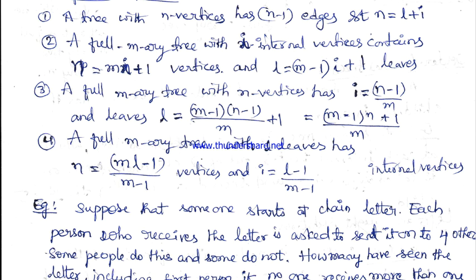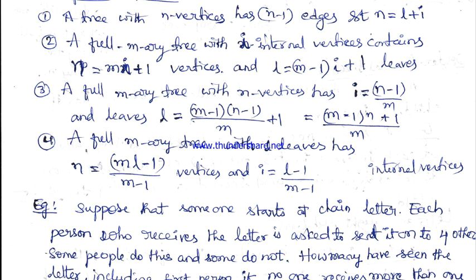Suppose a full m-ary tree has I internal vertices, then its number of vertices is given by mI plus 1 and the number of leaves is (m minus 1)I plus 1. Suppose a full m-ary tree has n vertices, then its number of internal vertices is given by (n minus 1)/m and the number of leaves is given by ((m minus 1)n plus 1)/m.